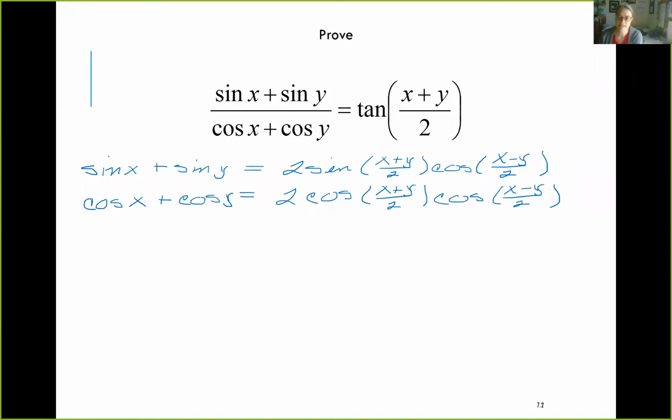All right, so now my left-hand side, put it all together.